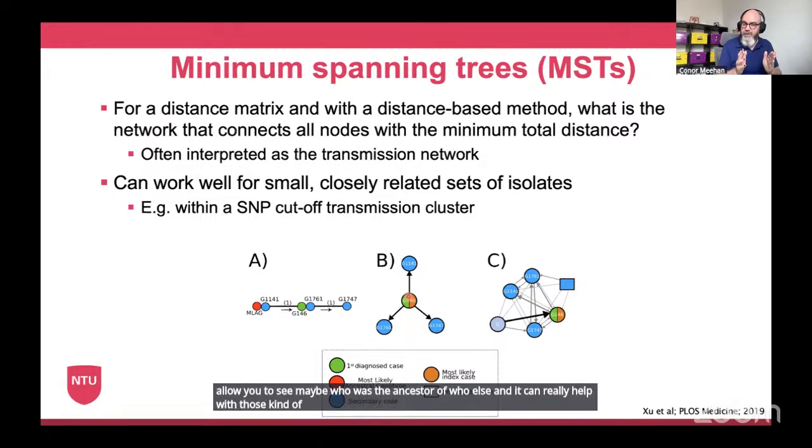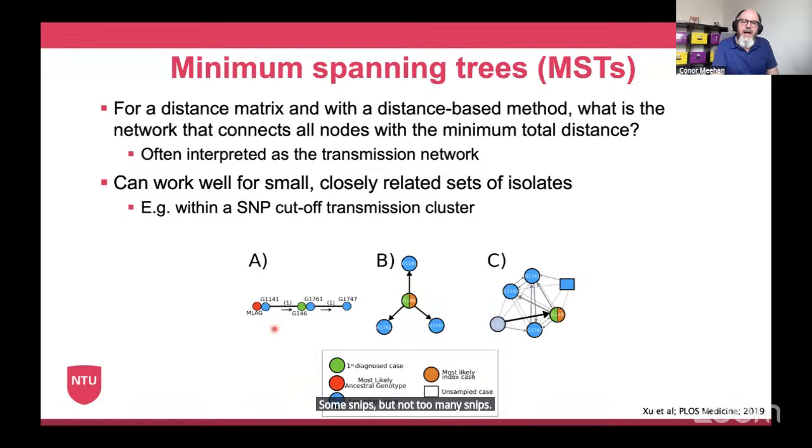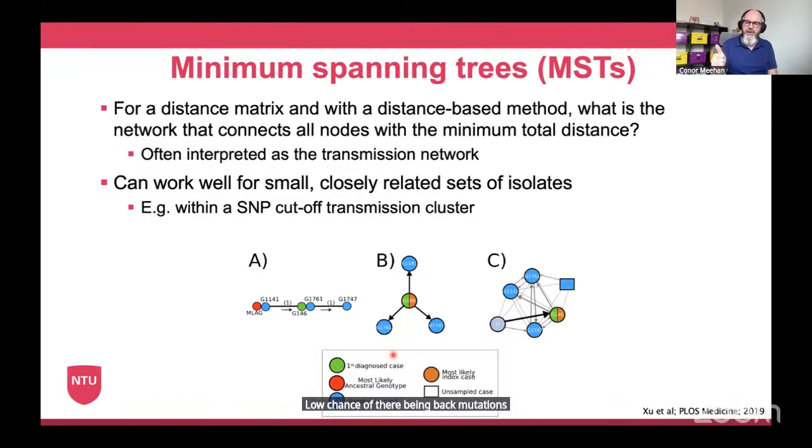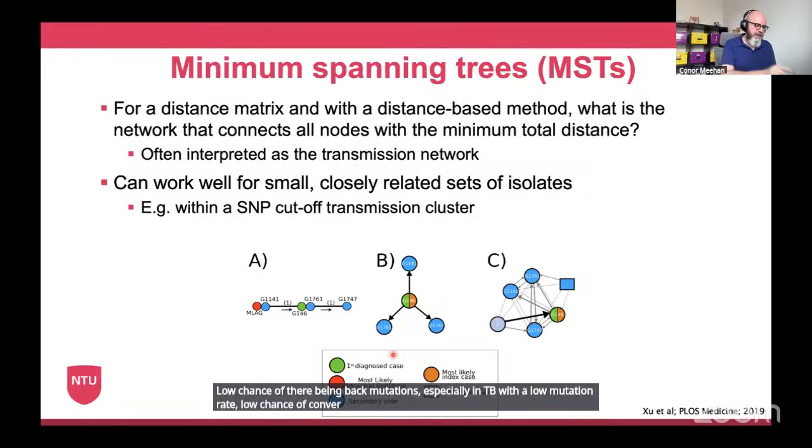So they do have a use, and they work very, very well when you have some SNPs, but not too many SNPs. In this case, which is coming from this TB paper, they built a phylogenetic tree, they got their transmission clusters, and then within those transmission clusters, they built minimum spanning trees. Low chance of there being back mutations, especially in TB with a low mutation rate, and low chance of convergent evolution issues as well.